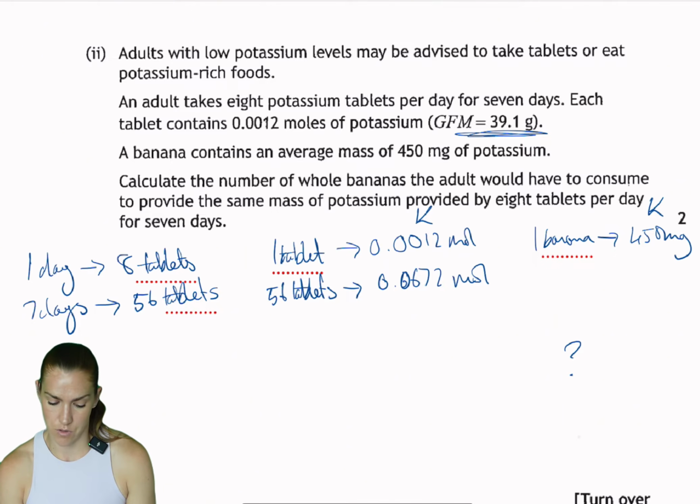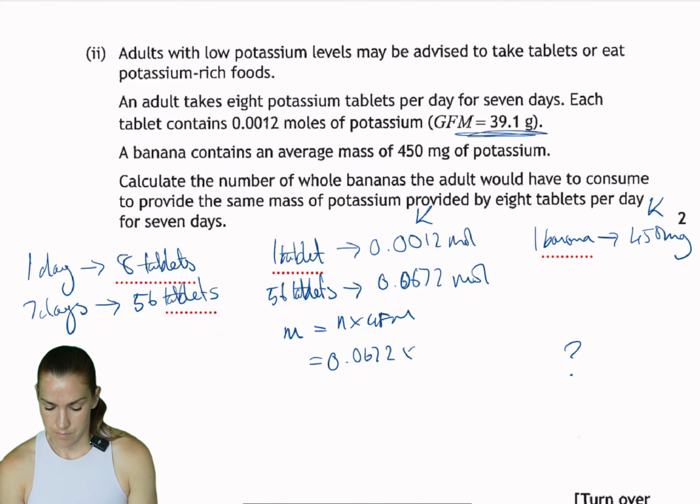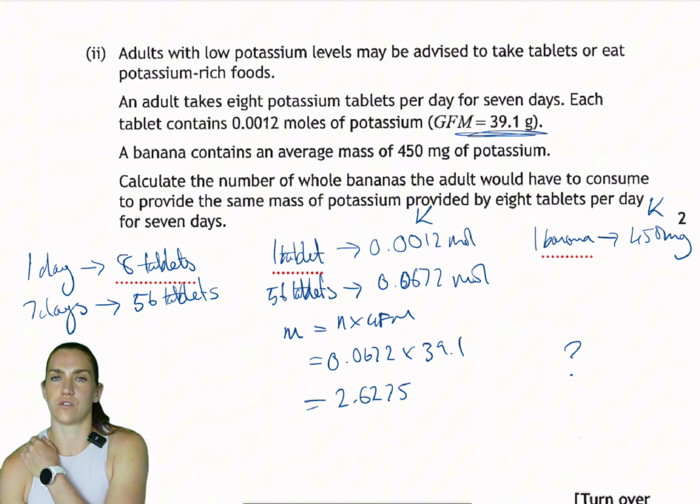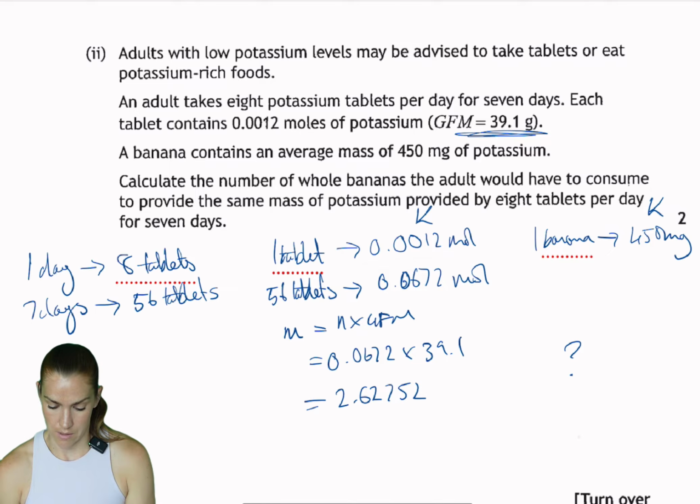Remember, M equals n times GFM. So that would be 0.0672 times by 39.1. Doing that, we get 2.62752. It's good not to round your numbers in the middle of calculations if you can.